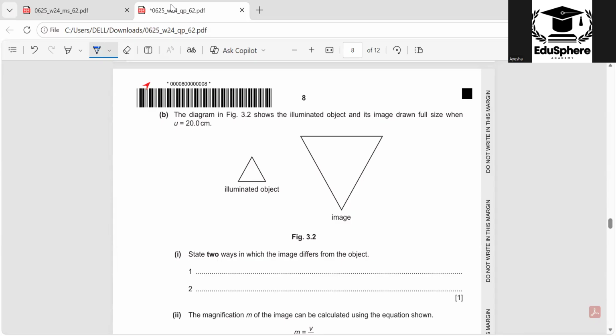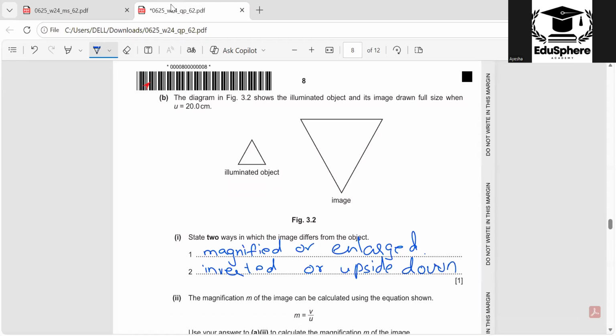One way is that it's a very big image, so you can write it's magnified or enlarged. These words are the keywords. And the other one is it's inverted or upside down. So you can write these keywords to explain the properties of the image.